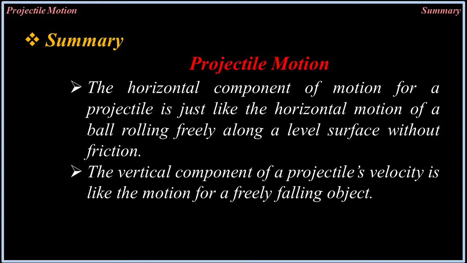The horizontal component of motion for a projectile is just like the horizontal motion of a ball rolling freely along a level surface without friction. The vertical component of a projectile's velocity is like the motion for a freely falling object.